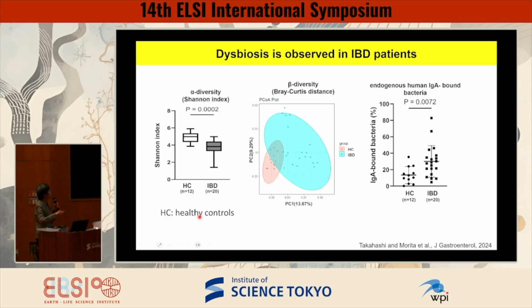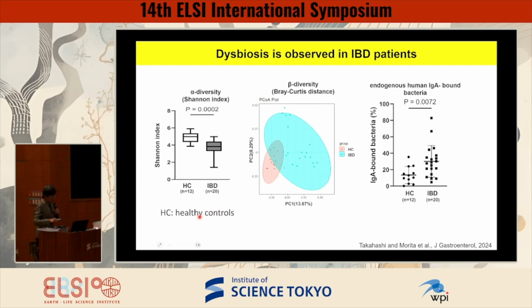Here, each point represents an individual. So this patient has a different set of gut microbiota composition from the other points. This red one is a healthy control. They almost shrink into one group, but the IBD patients are very diverged.